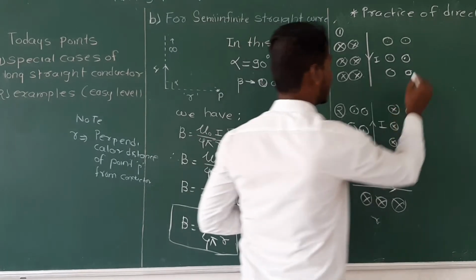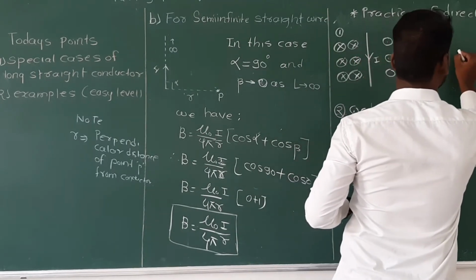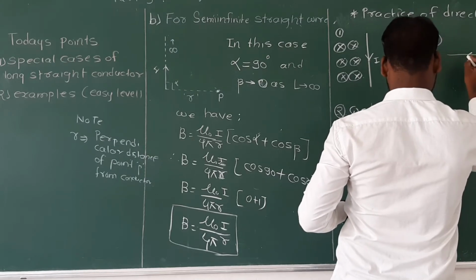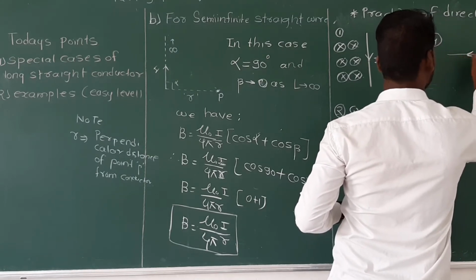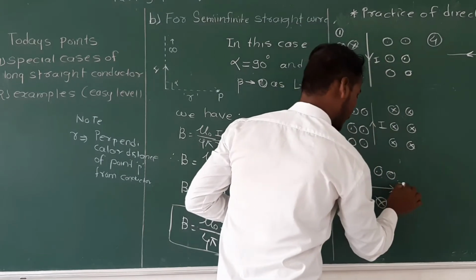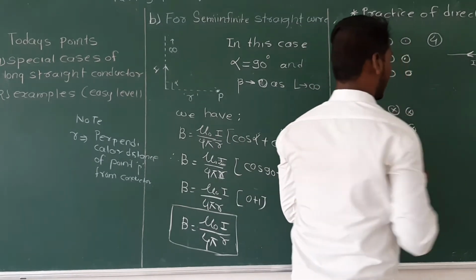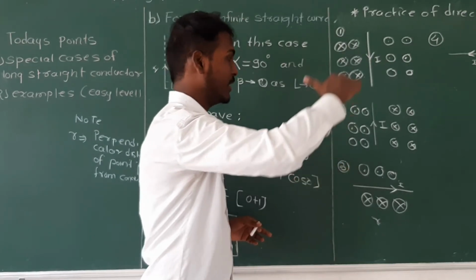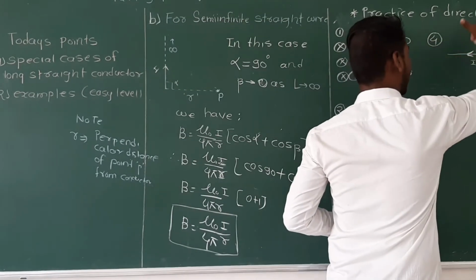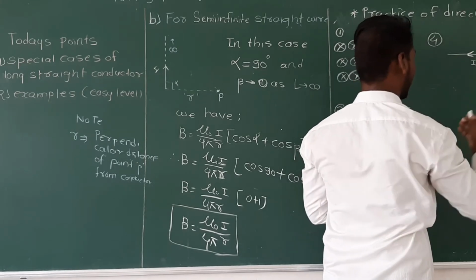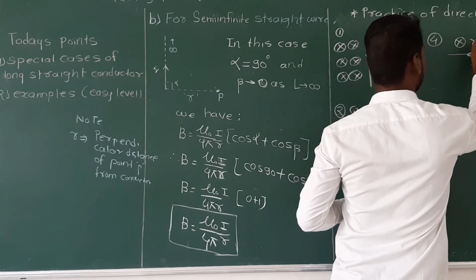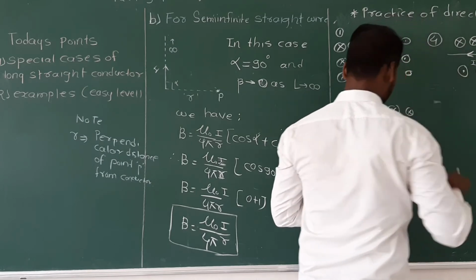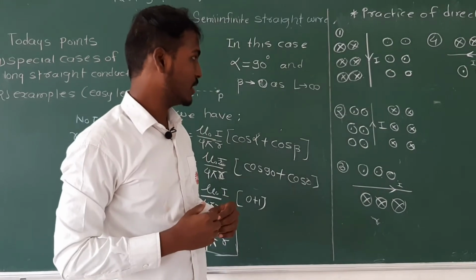Now the fourth case, if the current is going in this direction, this is all the current direction. Now for this we have done this, so for it now it will be like this. So definitely in upward side, it's going inside, and for downward side it's coming outside. Very easy. That's it. These many cases are more than sufficient.